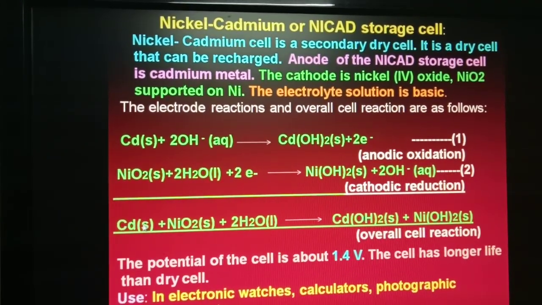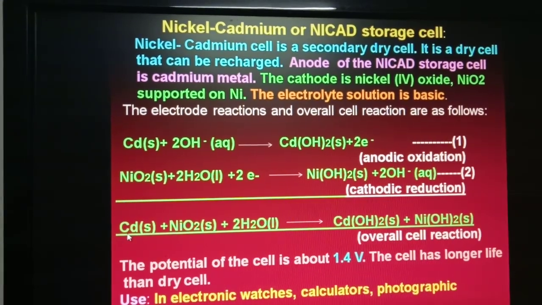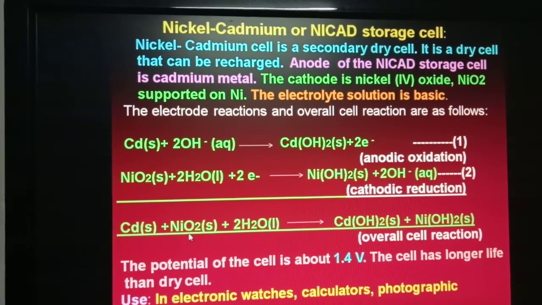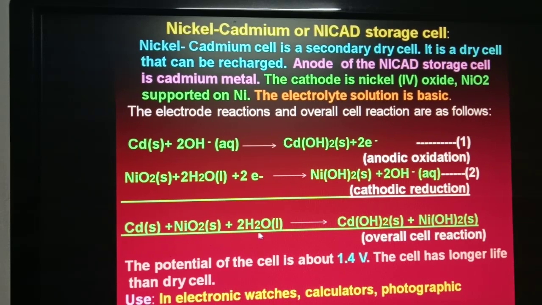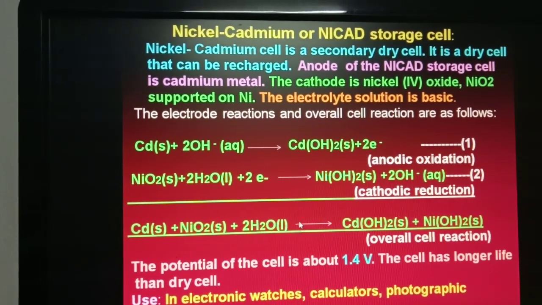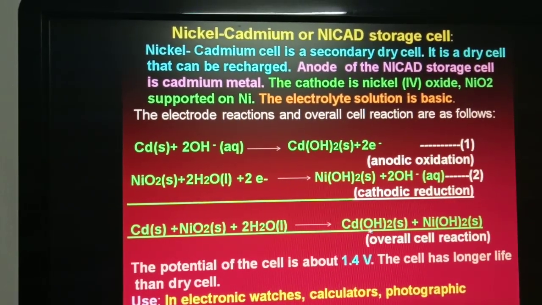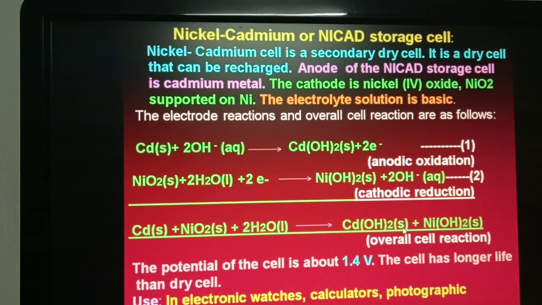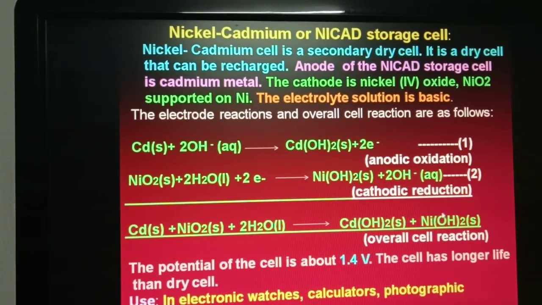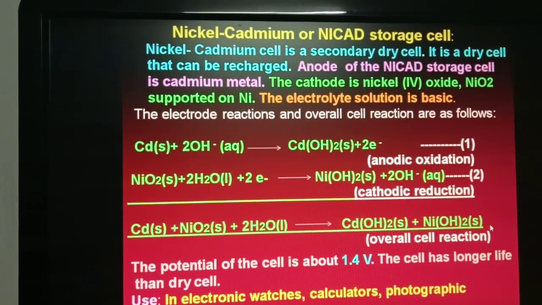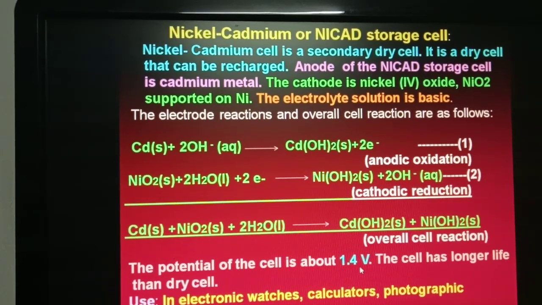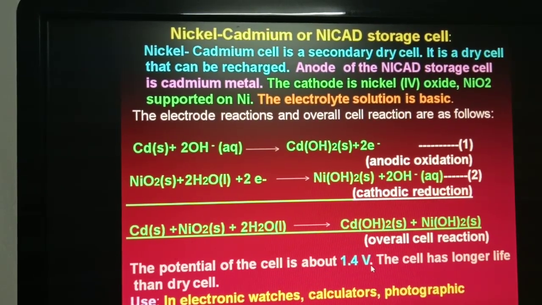The net cell reaction will be cadmium solid plus NiO2 solid plus 2 H2O liquid gives Cd(OH)2 solid plus Ni(OH)2 solid. The potential of this cell is about 1.4 volt.